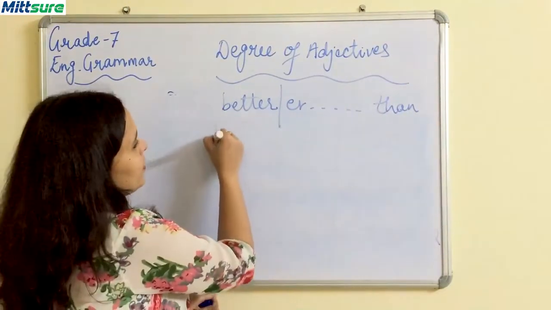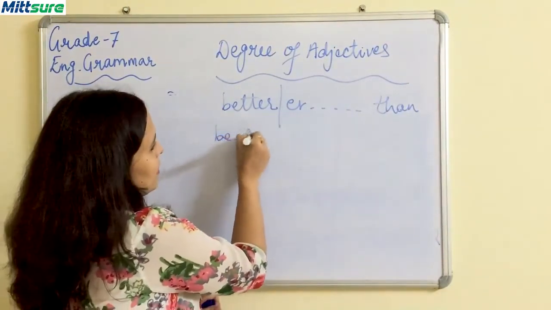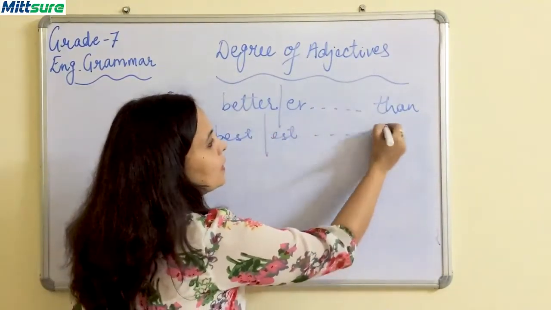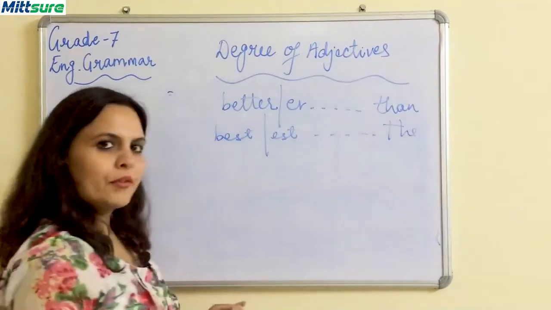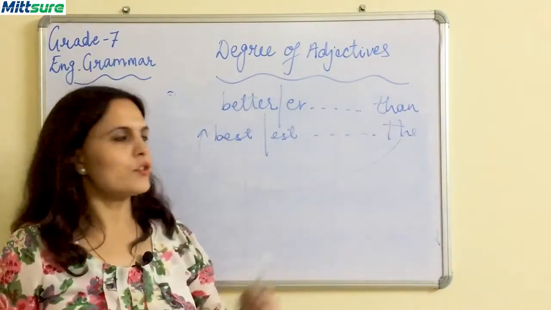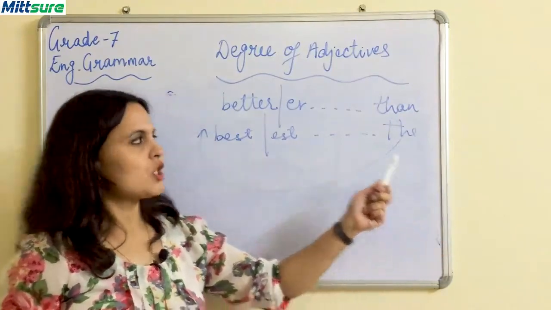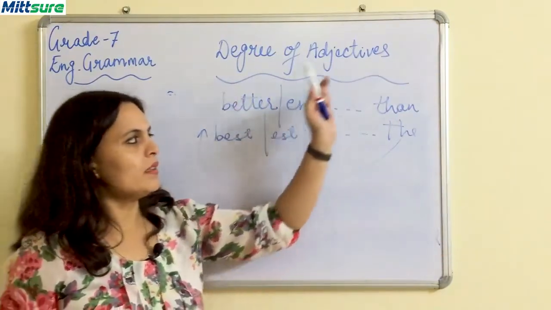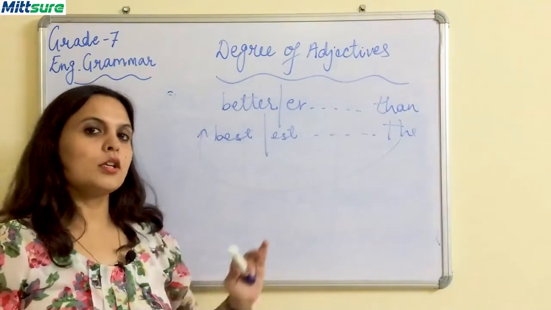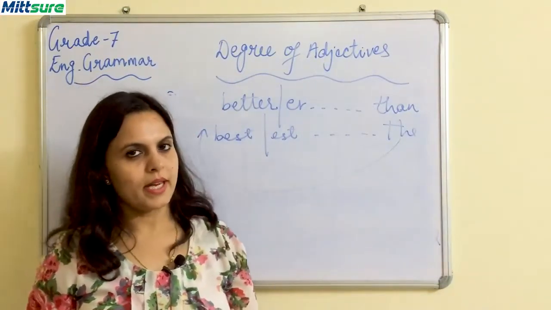And with the best, that is the est, we use the. But where do we use the? In the beginning, right? We do not use it afterwards. So it is actually better than, the best, the most, right?